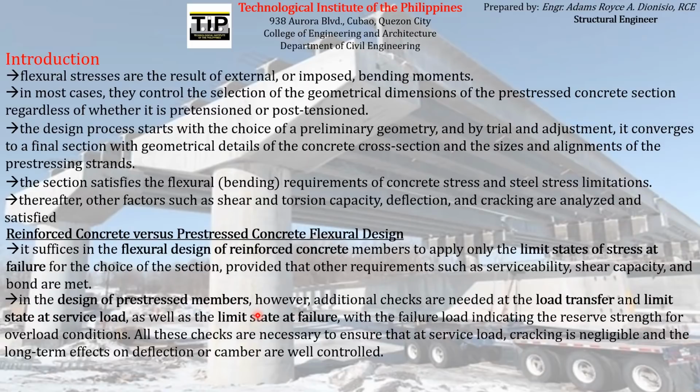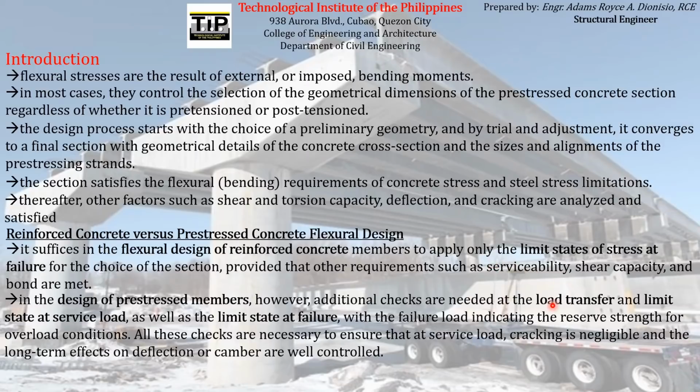At the final stage of life of the pre-stressed members, we also say that it already failed when the steel reinforcement as well as the pre-stressing reinforcement already experience yielding. But in addition to that criteria, we are conducting additional checks, which are the checks happening at load transfer and the checks happening on the service load condition.